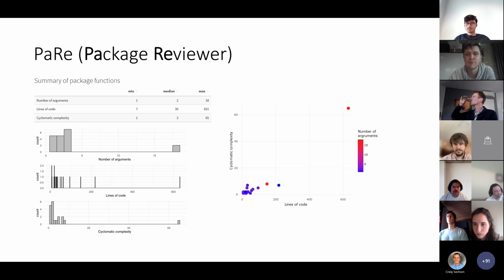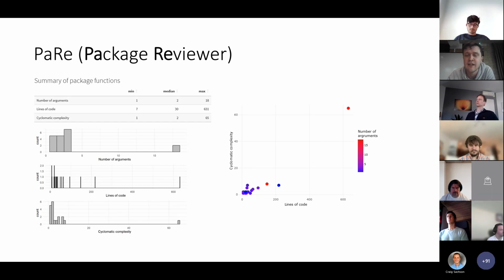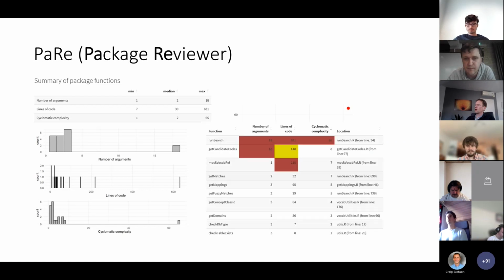And we can actually see that this is one of the specific functions in the package. So this is extremely helpful when we think about refactoring the code, that we can concentrate our effort predominantly on that initially, splitting it into a smaller set of functions that will make this package easier to maintain in the long term.